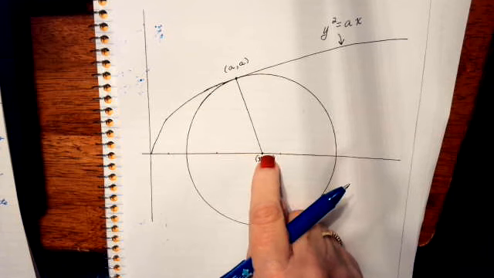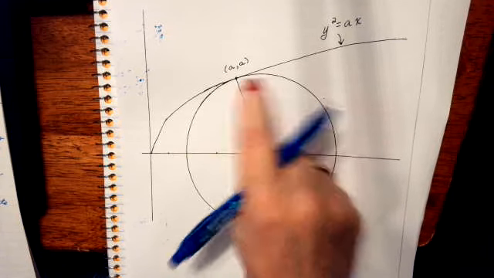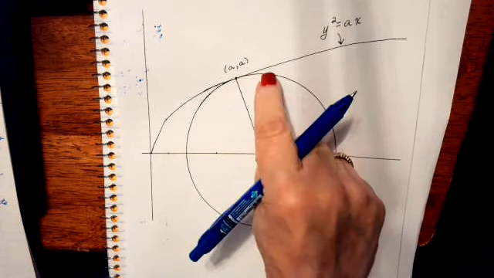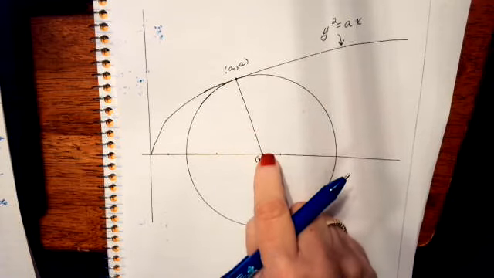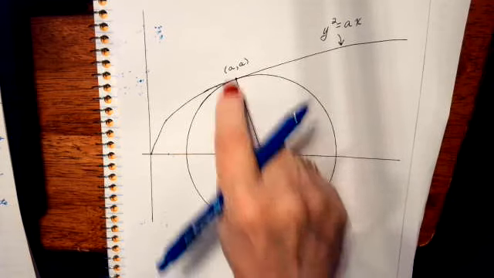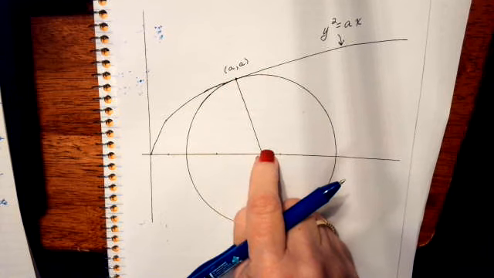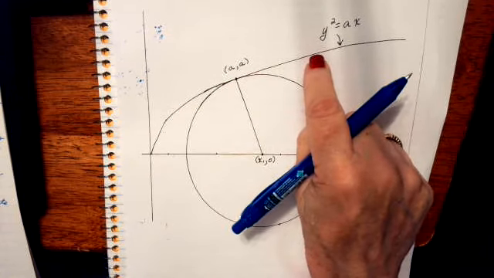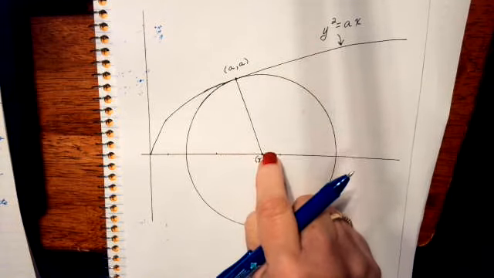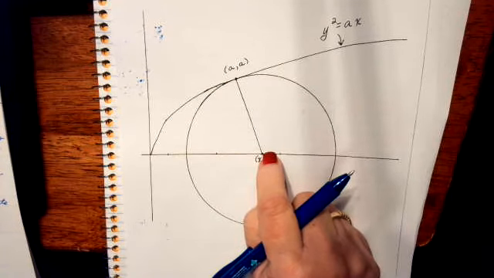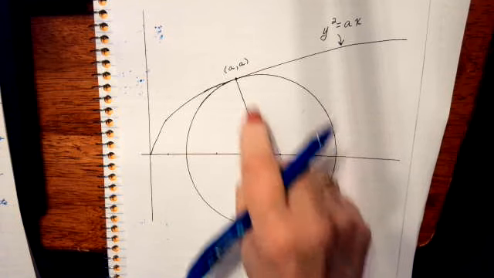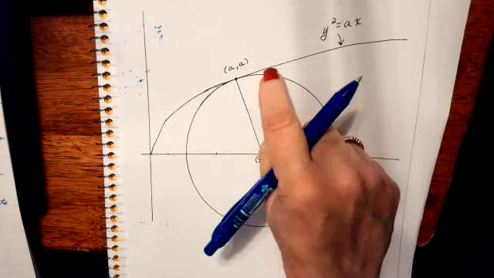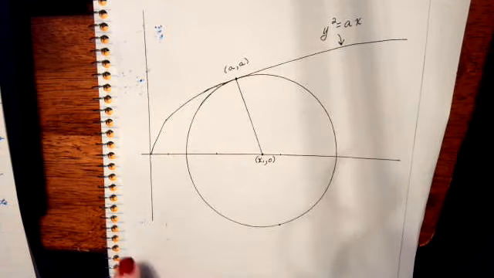It's centered here so that (a, a) is on the circle, which means this will be a radius. And if that's a radius of the circle, to get a tangent line, all I have to do is draw a line segment that's perpendicular to that one. And the line segment that's tangent to the circle will also be tangent to the parabola.